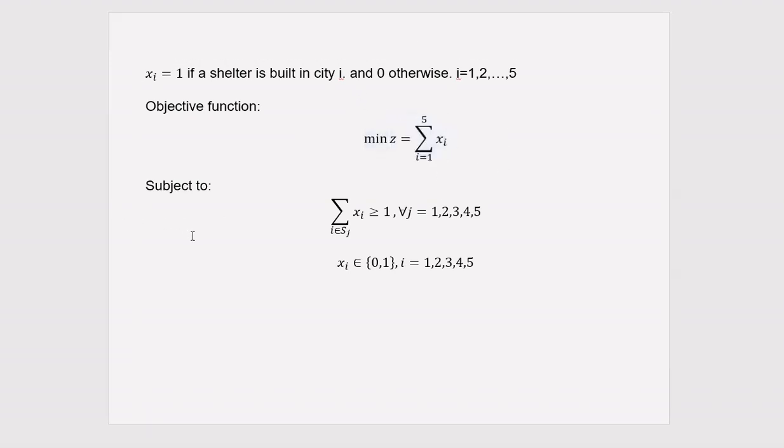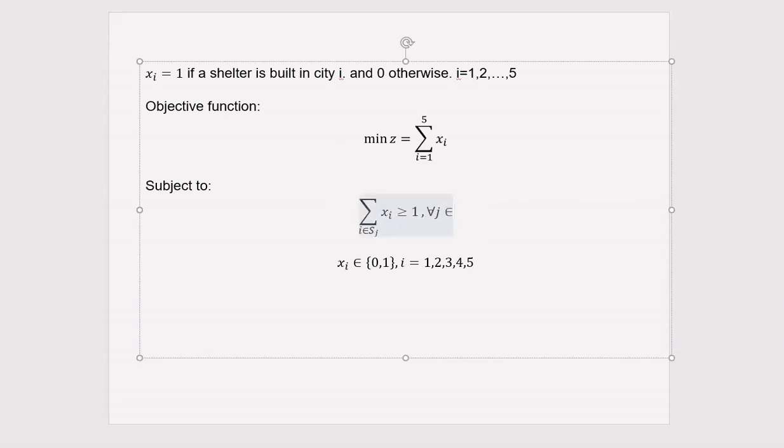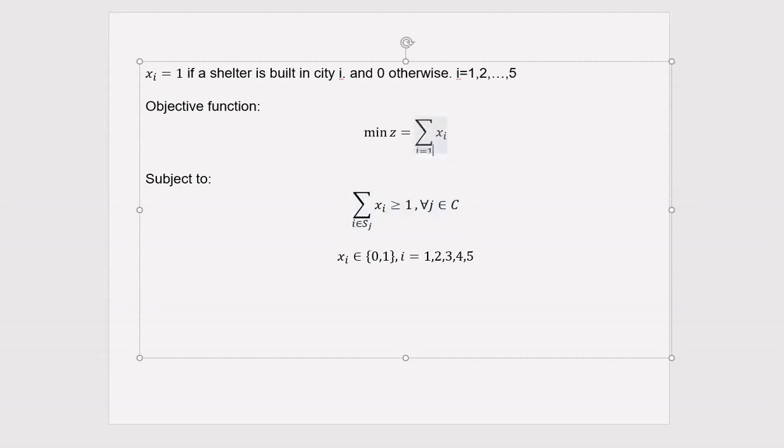This is the set covering problem. And here I can say j in C, which is the set of all cities. And here I can say i, j, sorry.